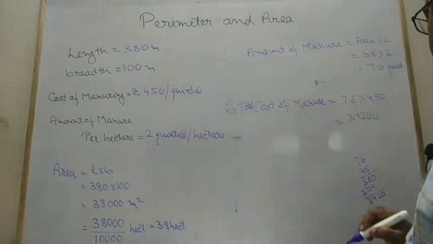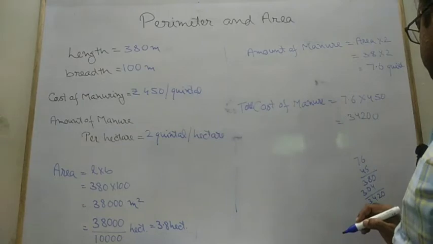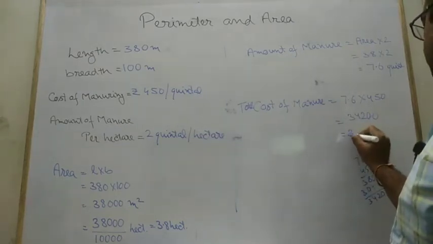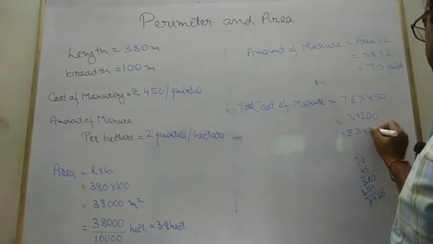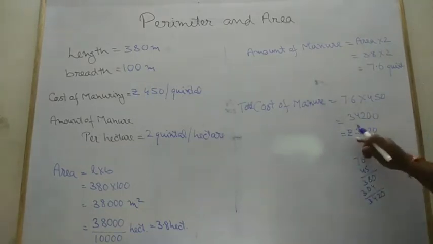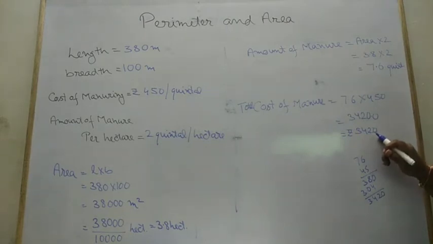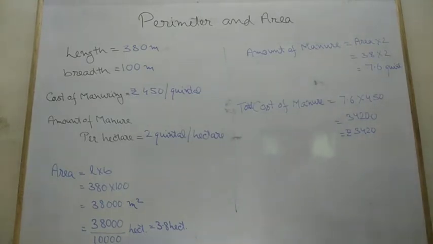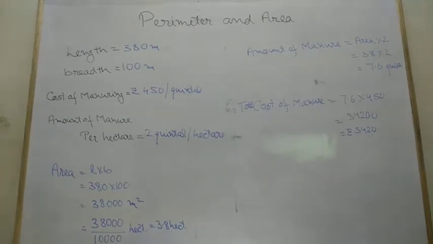There is one decimal. So it's exactly 3,420 rupees. This is your rough work. So this is the solution. Hope this is clear to you. You can see it 2 times because the question is very interesting and confusing. So you must see the solution at least 2 times.